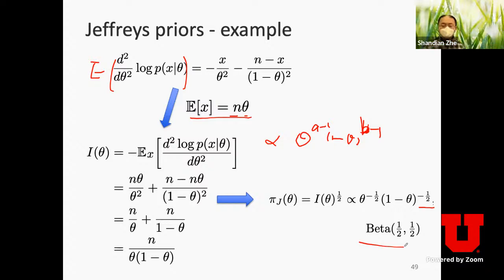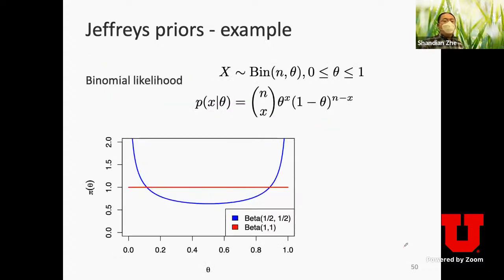So how does it compare with the uniform prior? Again, to construct an uninformative prior, we have different choices. A more intuitive choice is to assign an equal chance for theta to take different values, where theta is between 0 and 1. That corresponds to a uniform distribution, which is the red line here. And the blue line here is our Jeffreys prior, which is beta half and half.